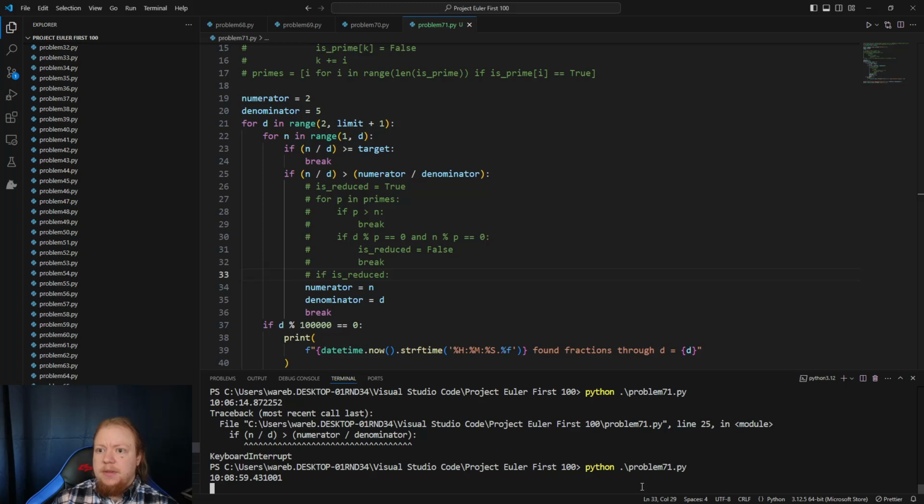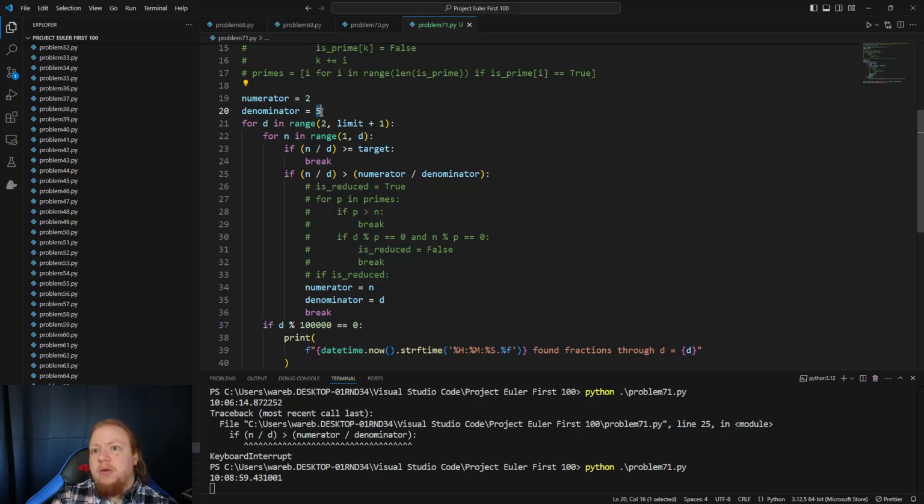Okay. So maybe not fast enough still. Because here's the thing, a properly reduced fraction is going to be what we find first.